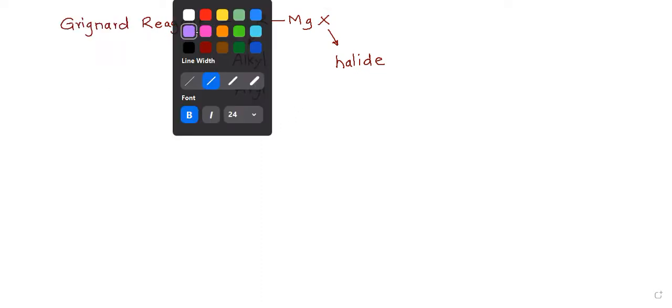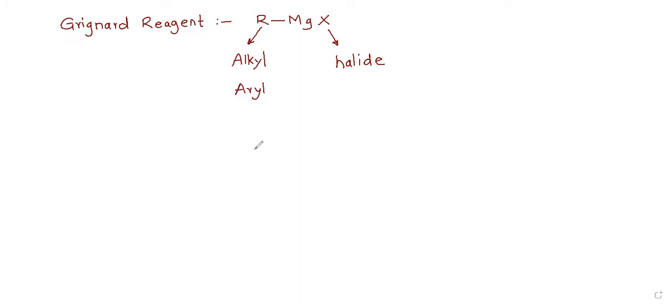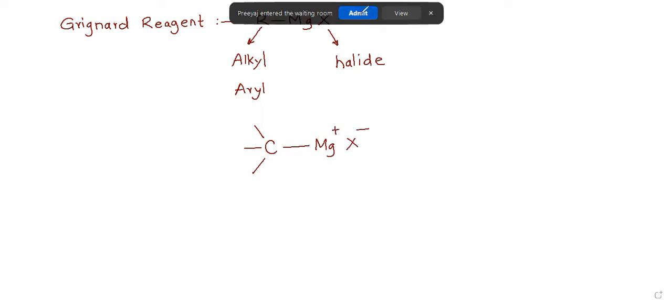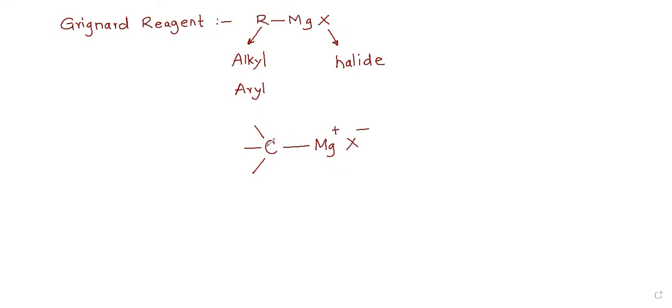Now this Grignard reagent, the special thing about it is when you consider the carbon and metal bond here, magnesium has a positive charge on it, halogen has a negative charge on it. So because of this, carbon has always a small negative charge, magnesium has a small positive charge.